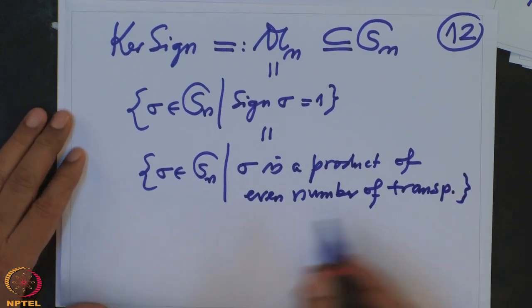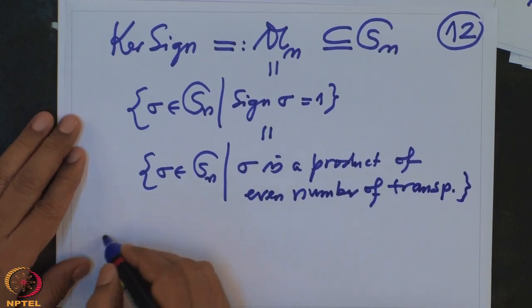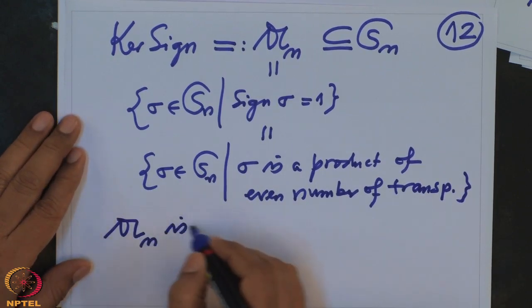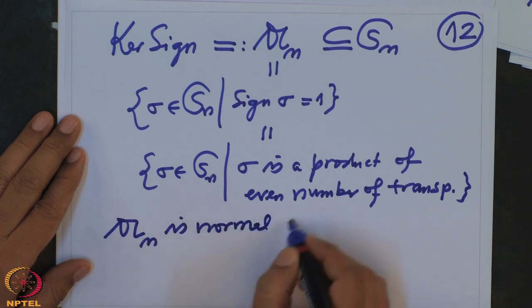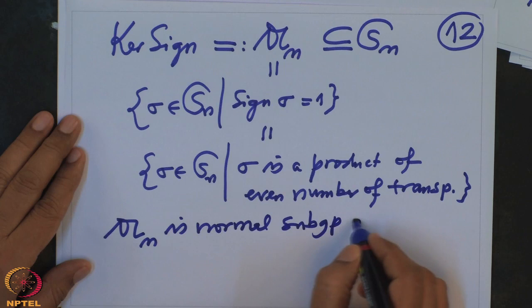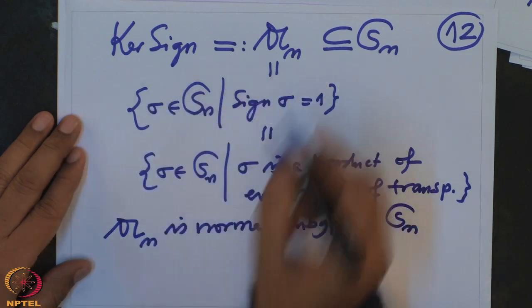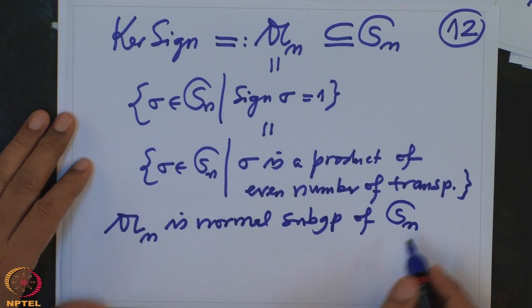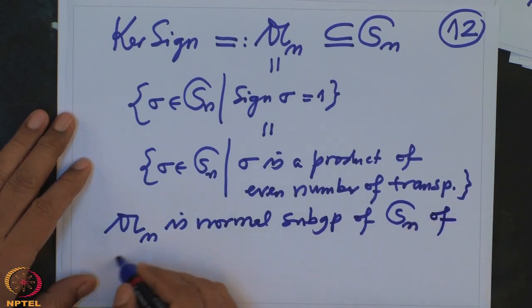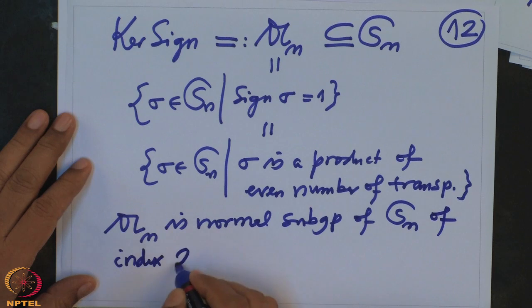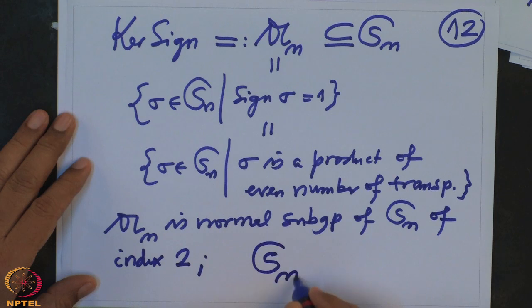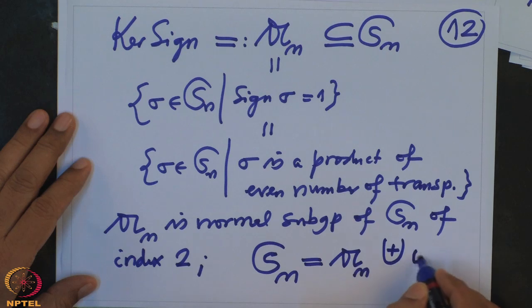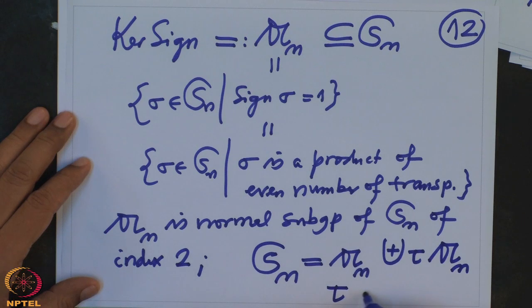It is also clear that An is a normal subgroup of Sn, because it is the kernel of a group homomorphism, and of index 2. In fact, it is very easy to see that Sn is An disjoint union tau times An, where tau is any transposition.